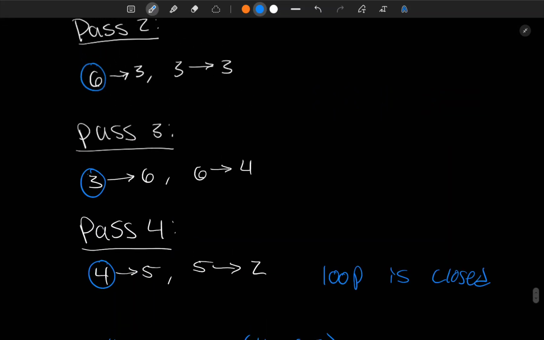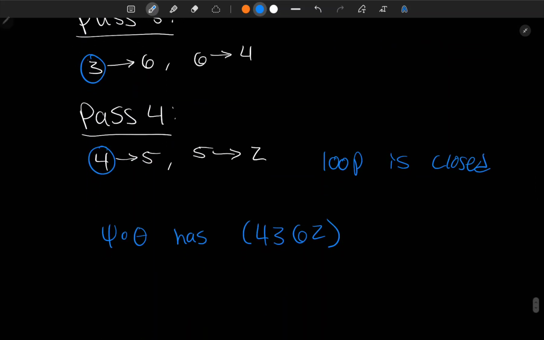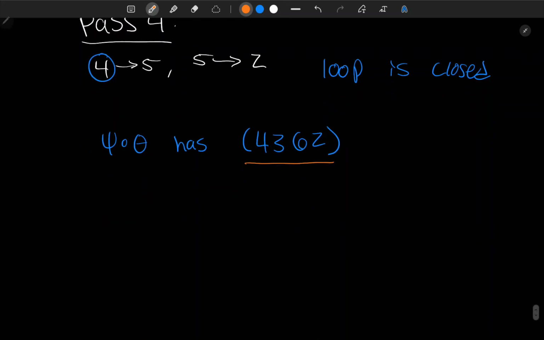And because 3, 6, and 4 are all in this cycle here, we don't have to consider them when doing passes through psi composed with theta. Because let's say we started with 6, right? We already know that we have a cycle that takes 6 to 3, 3 to 4, and 4 to 2.